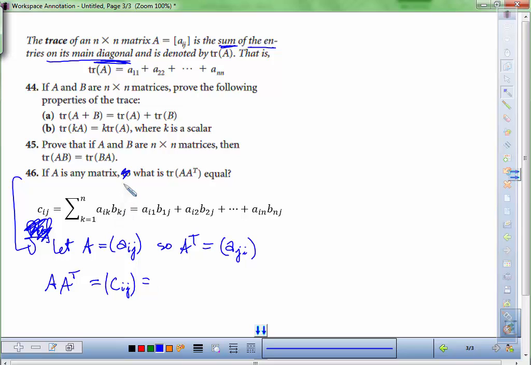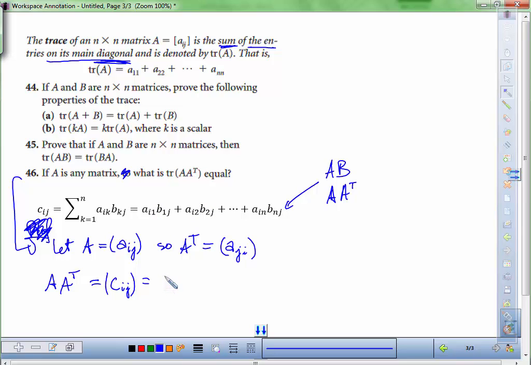Now here's where it's kind of tricky. This is the product that you get where you have A times B, right? But instead of B, you're putting A transpose in its place. So you're going to change the B's to A, and then switch the subscripts.